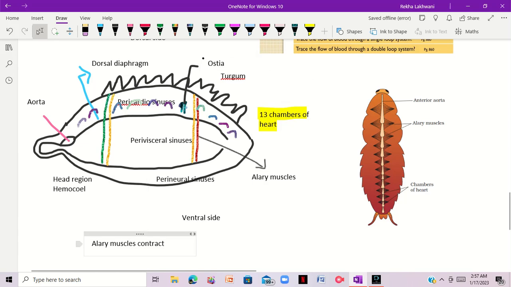So when the alary muscles contract, the chambers of the heart relax, but the ostia open.